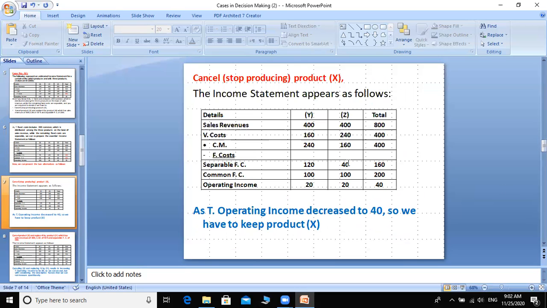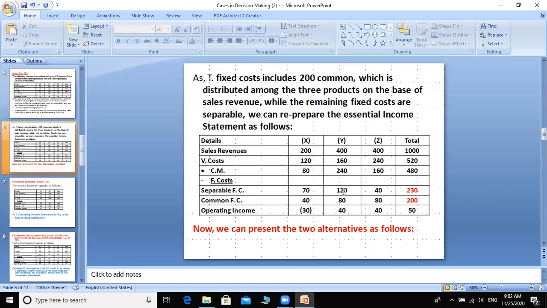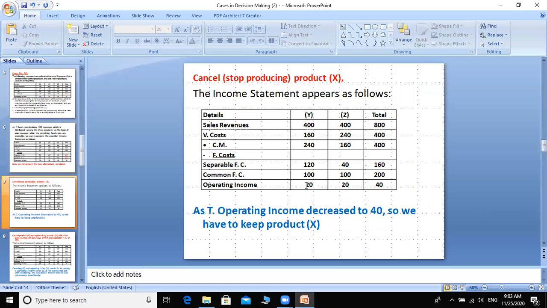But the separable fixed costs are the same. Separable fixed cost regarding Y and Z, 120 and 40. But the separable cost of X is cancelled because it is separable fixed cost. If it is found, it is found. If it is dismissed, the 70 will not be borne. Now, if you look at the result, I have here 20 and here 20.